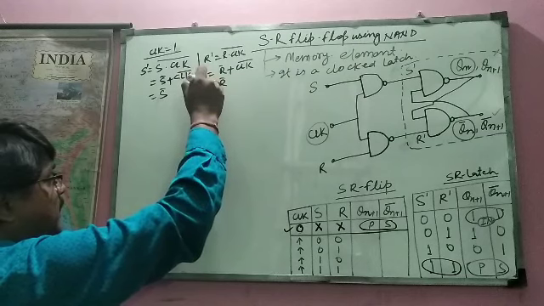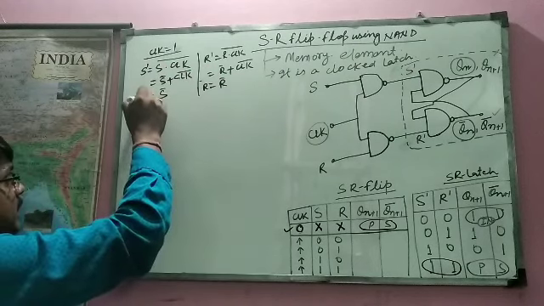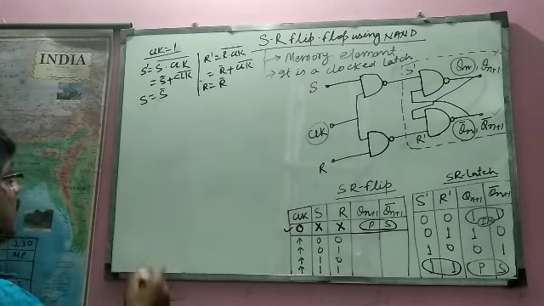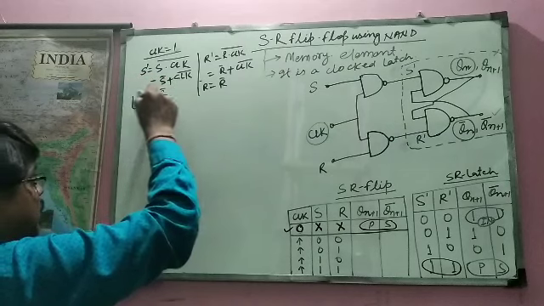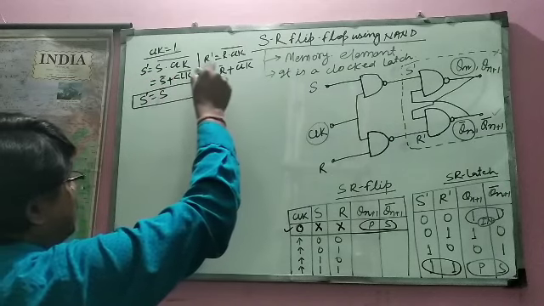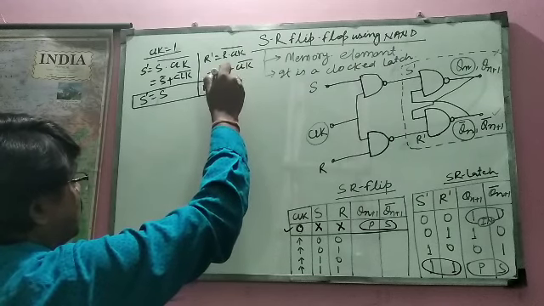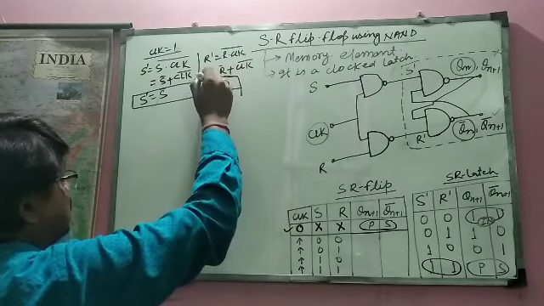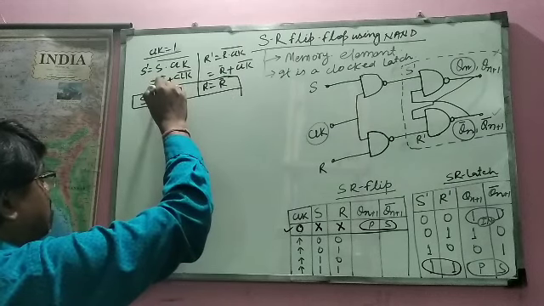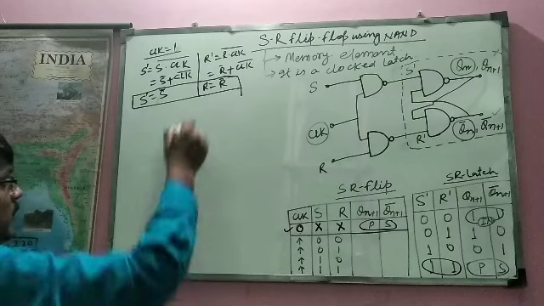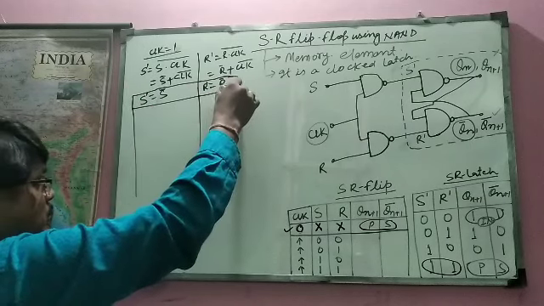R dash is equal to R bar, and S dash is equal to S bar. So this is the case. Here it is bar. Now see what is going to happen.